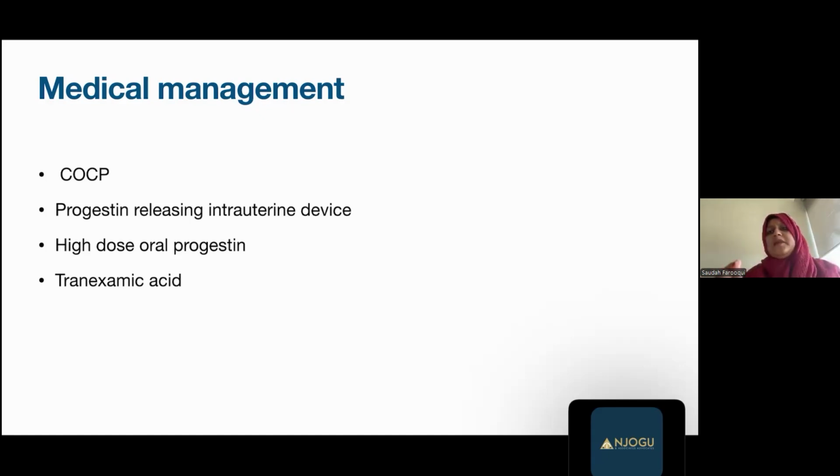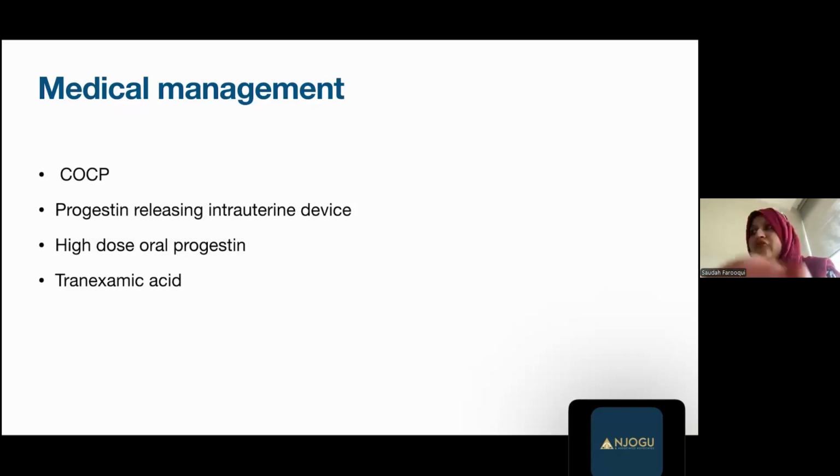So for those people, again, we might eventually end up in surgery, but as a short-term method, if the symptoms are not too severe, you could use COCPs. COCP is combined oral contraceptive pill. Now, you can use this at any age, unless you have any underlying medical conditions like, for example, high blood pressure, because combined oral pills have estrogen, which may not be safe in certain patients.